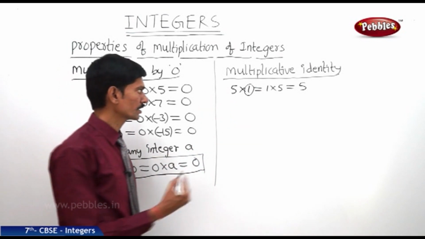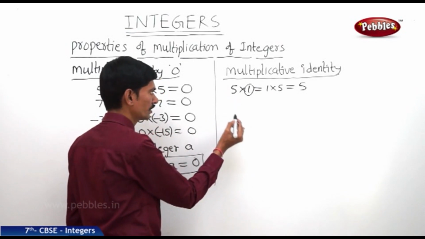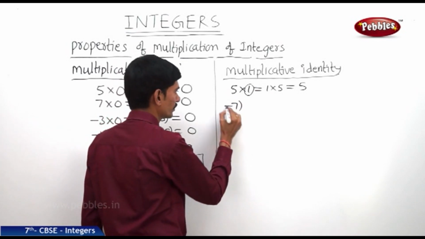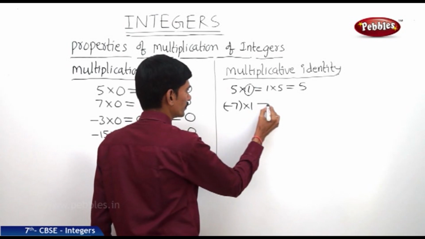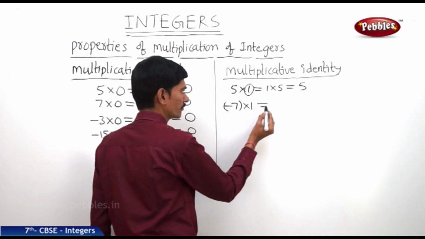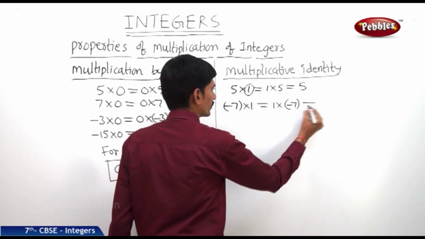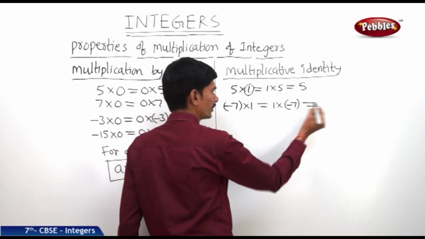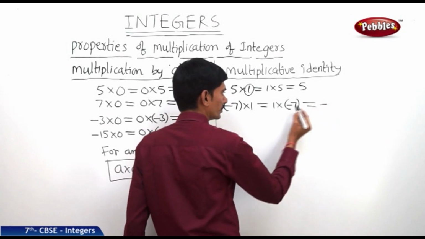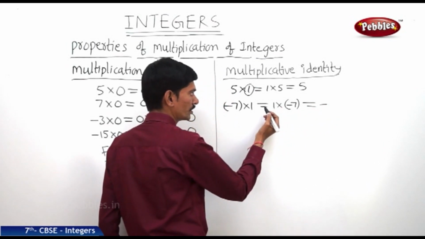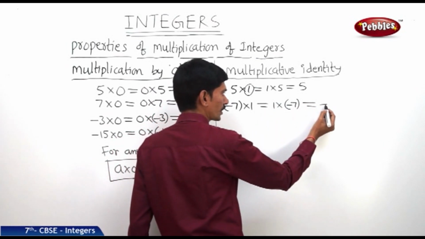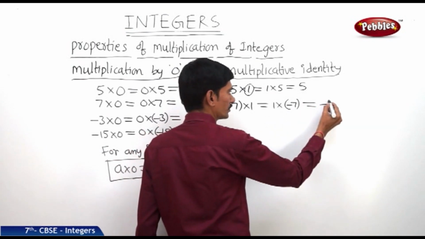Now let us take any negative integer like minus 7 multiplied by 1. Here 7 ones are 7, or 1 is multiplied by minus 7, then here also 1 sevens are 7 and here minus is there. So when you multiply a positive integer with a negative integer, we will get a negative integer, and 1 sevens are 7.